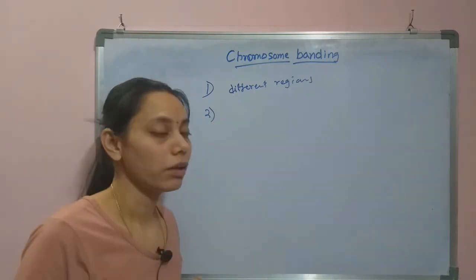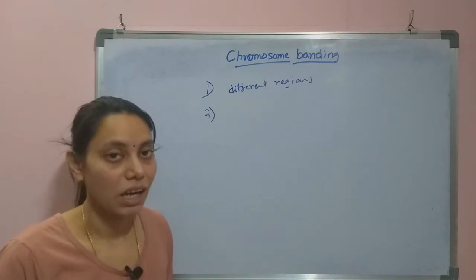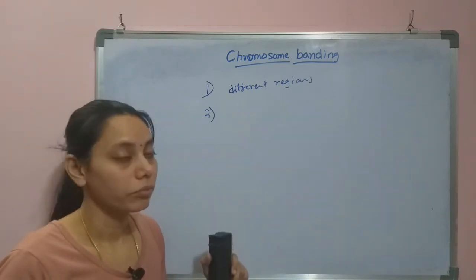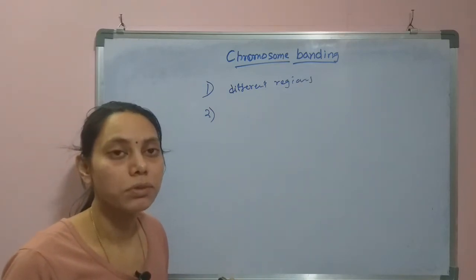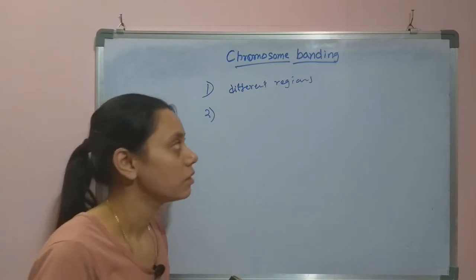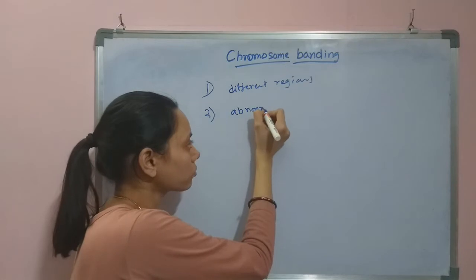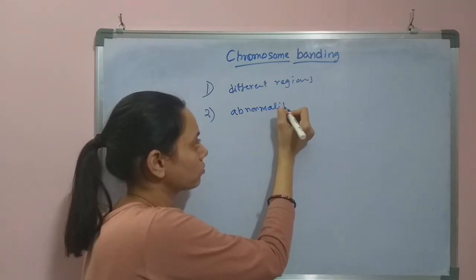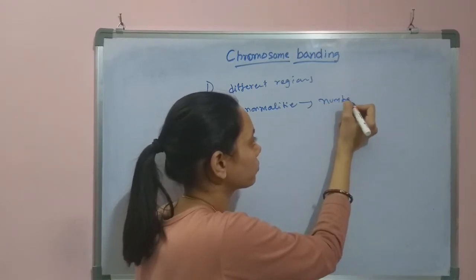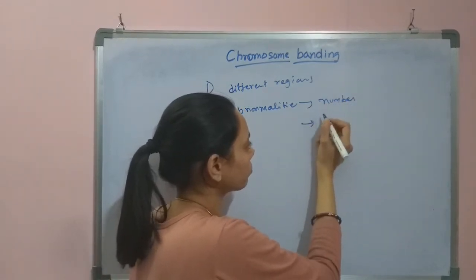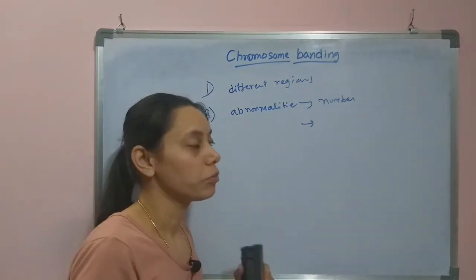Coming to the second importance, or advantage, of these techniques: by employing chromosome banding, we can reveal any possible aberrations on the chromosome. That means any chromosome abnormalities, whether it may be a number abnormality or rearrangements that happen due to mutations.